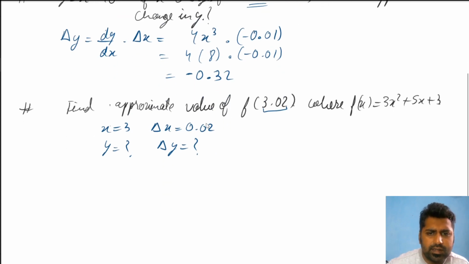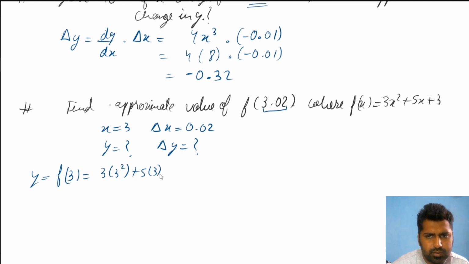Now if x is 3, it's easy to calculate f of 3. Your y is f of 3, the actual value: 3 into 3 square plus 5 into 3 plus 3. That's 27 plus 3, 30, 30 plus 15, 45. Delta y, how do you calculate?